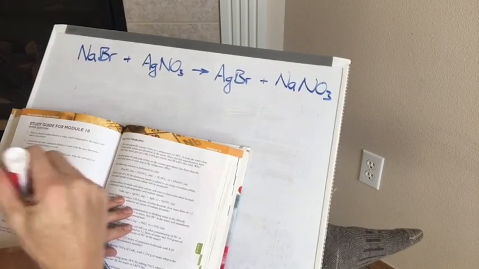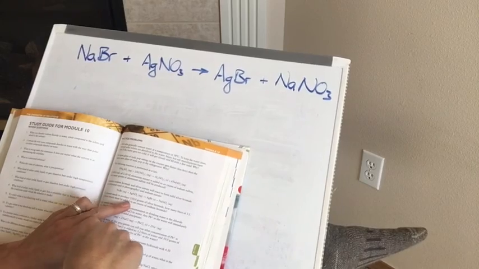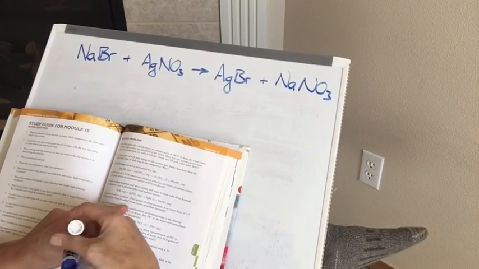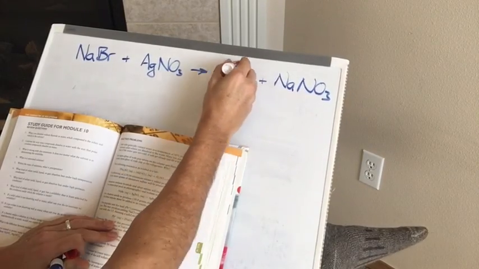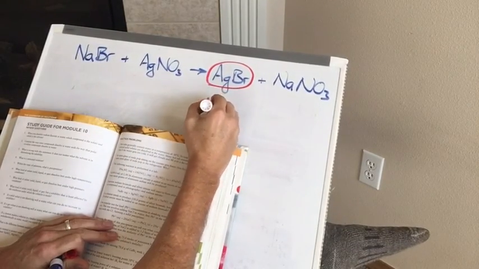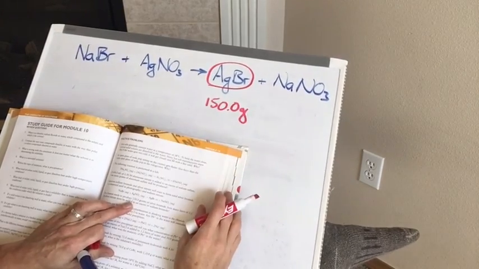So that's nice. What we're dealing with, the question asks, if a chemist needs to produce 150 grams of silver bromide, this is silver bromide, so we're given grams already, 150.0 grams of silver bromide.